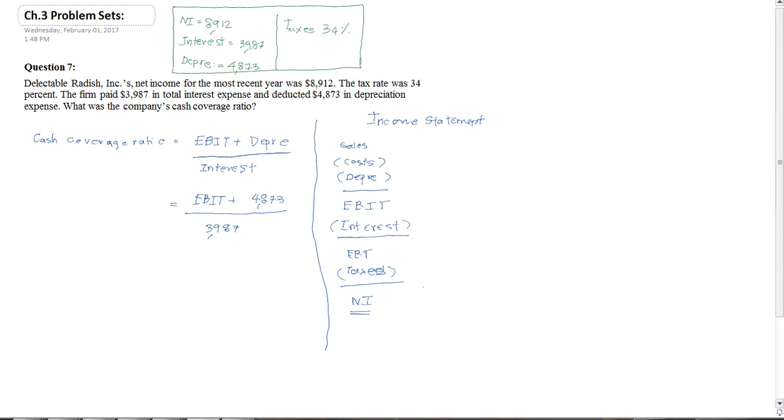To get the earnings before interest and tax, which is what we want, it seems we have to work from the bottom up. That is the strategy here.